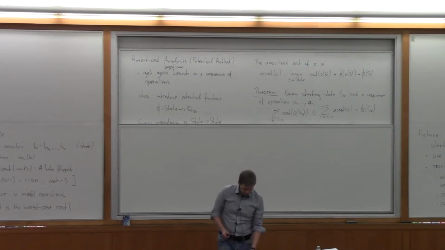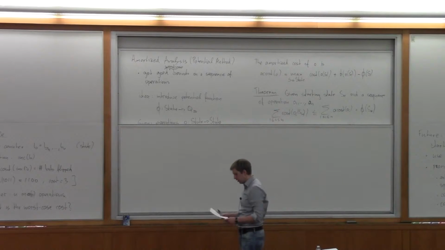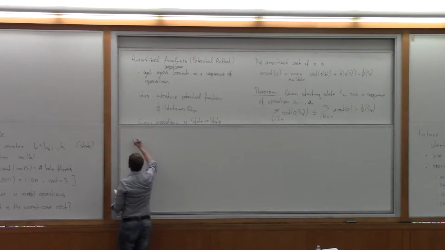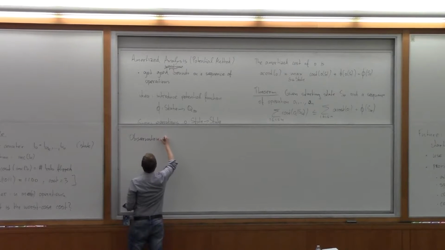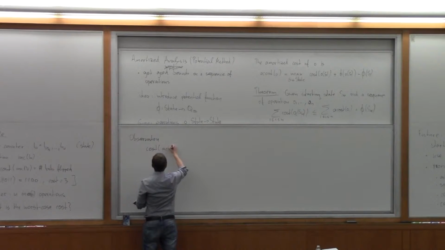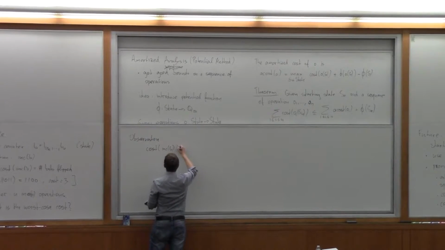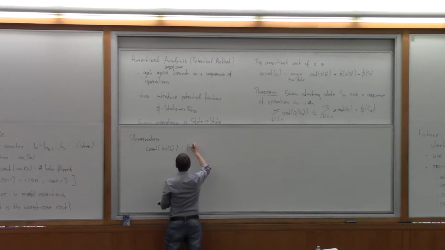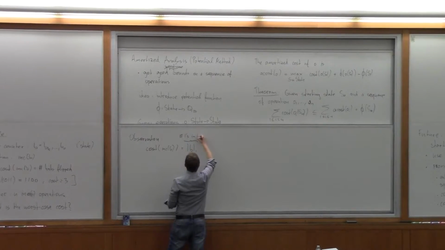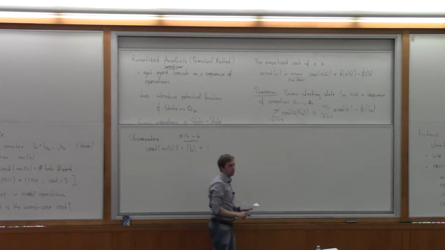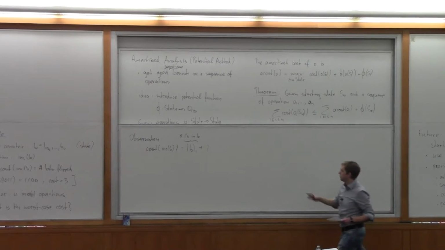Observation: the cost of the increment of b is the number of ones plus 1 for the 0, in the worst case.